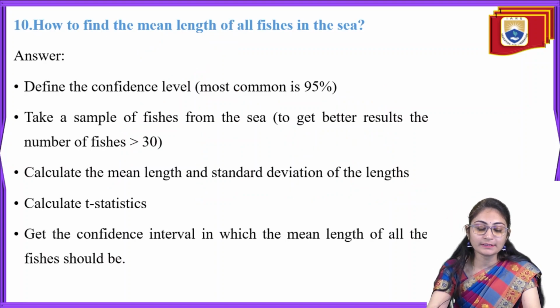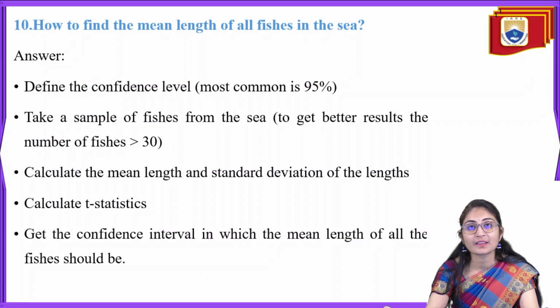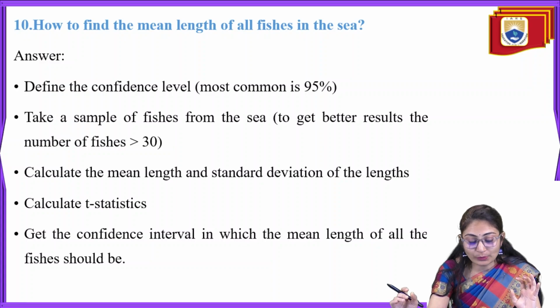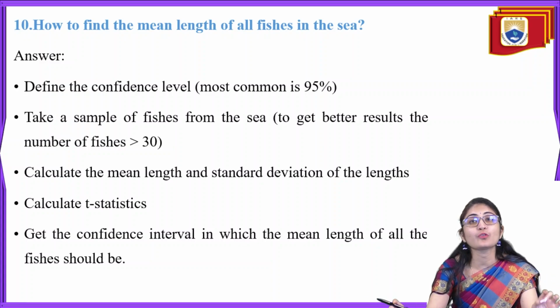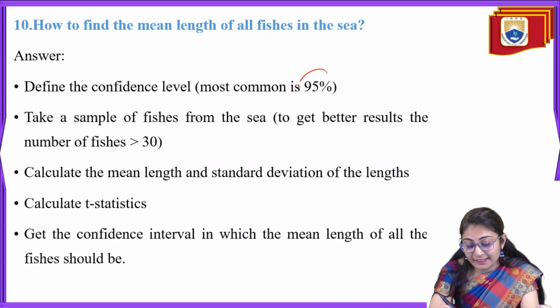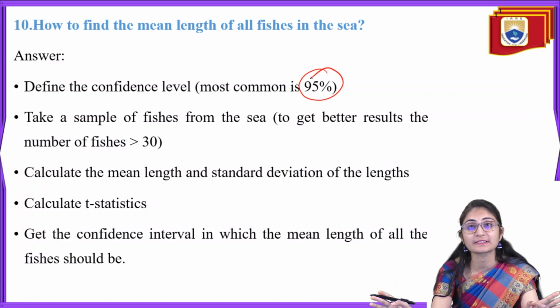Now, how to find the mean length of all fishes in the sea? Whenever this type of question comes, first you have to think about the confidence interval. You have to define the confidence interval, and here you have to use a confidence level of about 95%.